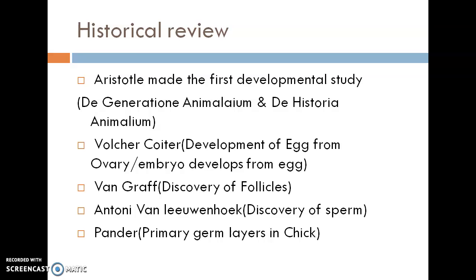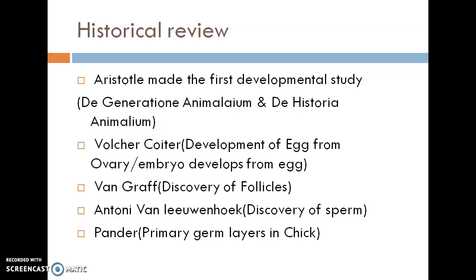We know that Aristotle is the father of zoology, and here also Aristotle made the first developmental study, and his observations and conclusions are included in two famous books, De Generatione Animalium and De Historia Animalium.